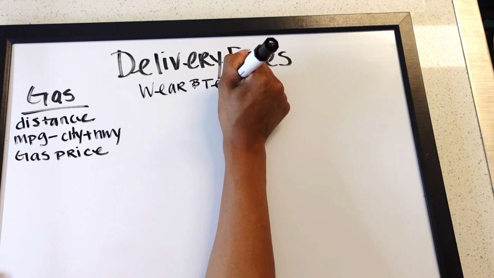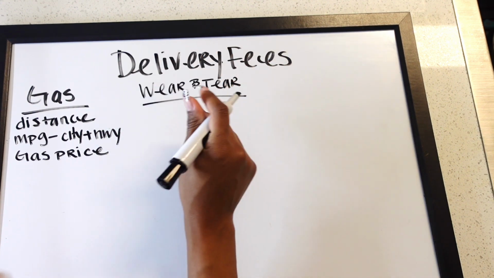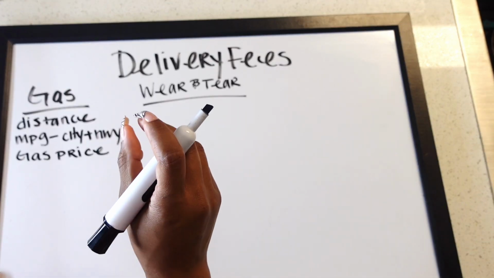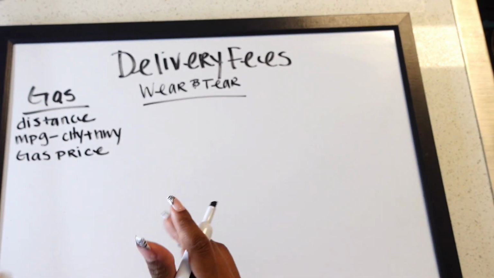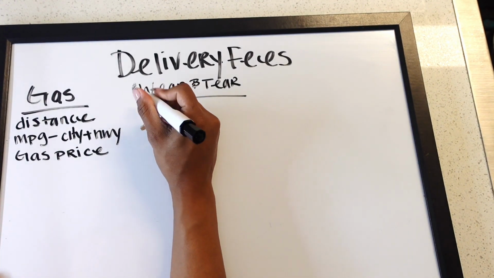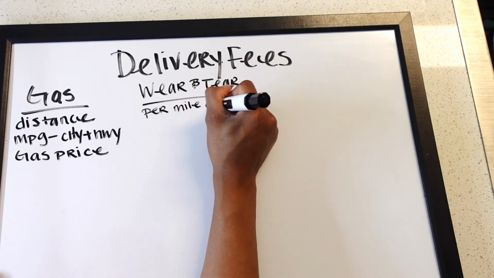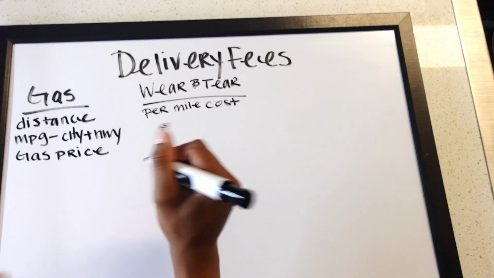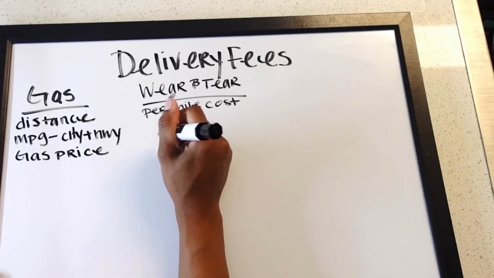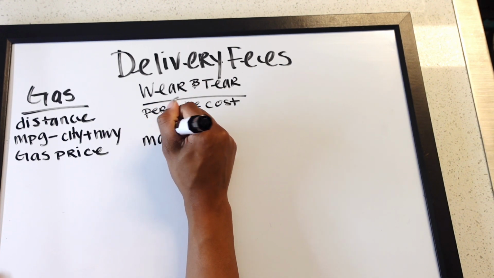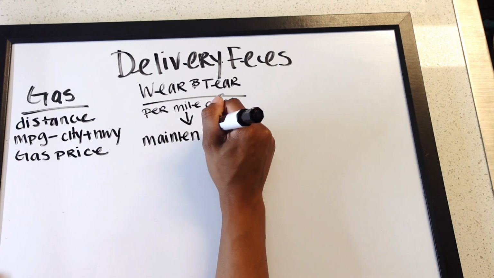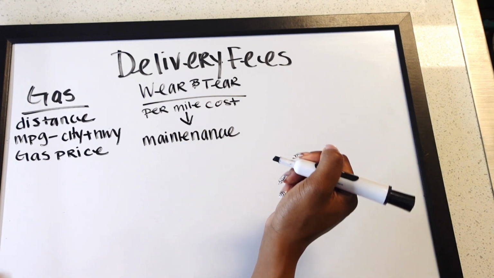This is important because every mile that you put on your car is 1 mile closer to a repair. So you have to determine a per mile cost. This per mile cost will go towards the maintenance that will be required to keep your vehicle out of the shop, okay?